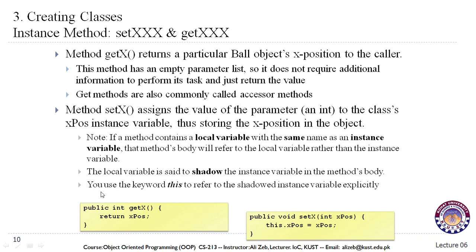We can use the keyword this to refer to the shadowed instance variable explicitly, that is the variable that we have declared in our class, and the variable without this keyword inside this method is the local variable that was passed as an argument to this method. Now the scope of this variable is local and the scope of this one is up to the class.